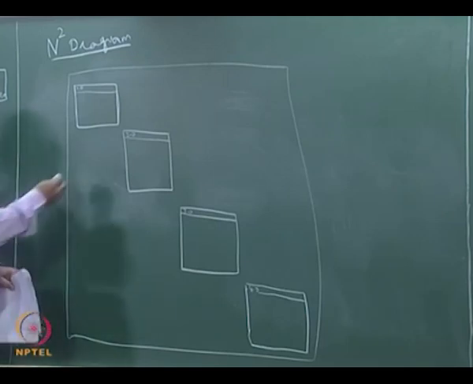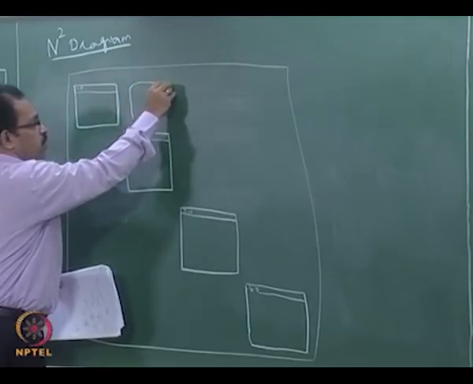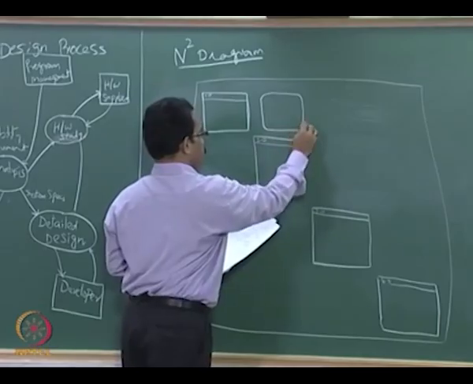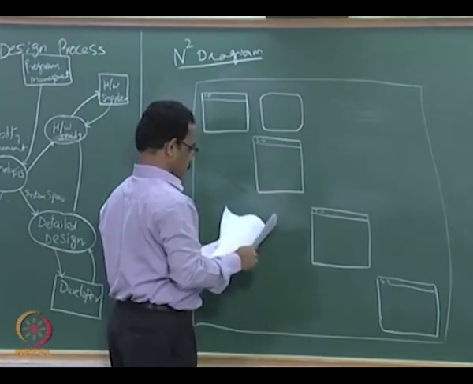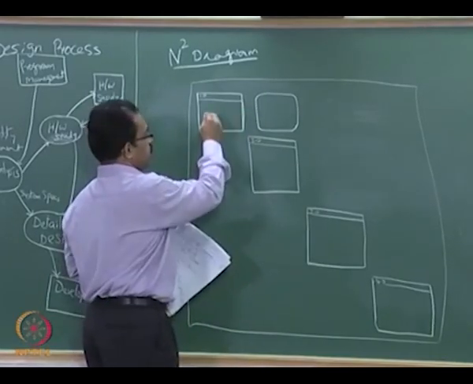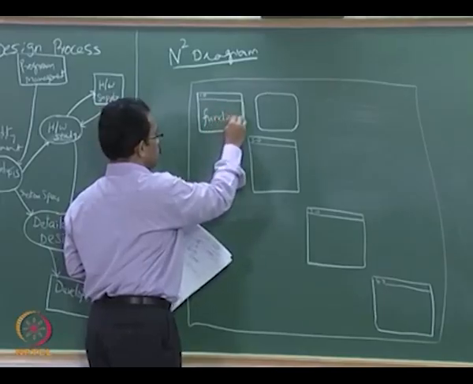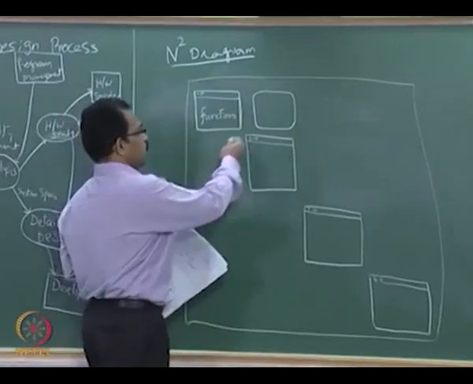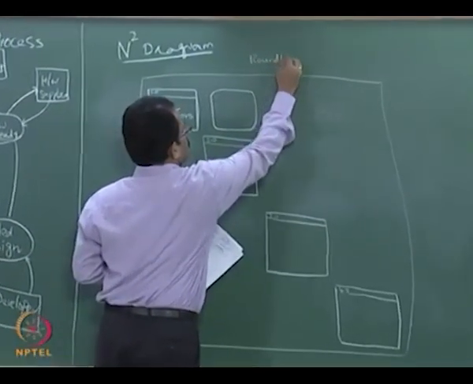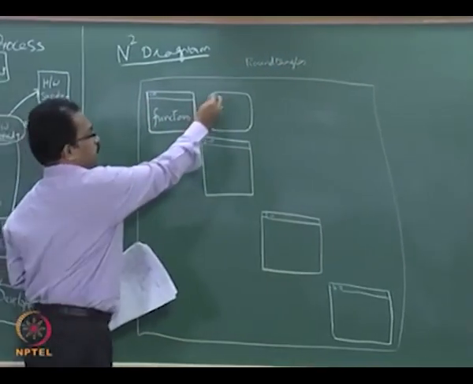Then the interactions between these functions are represented using a shape like this, which we call round tangles, basically rectangles with rounded corners.